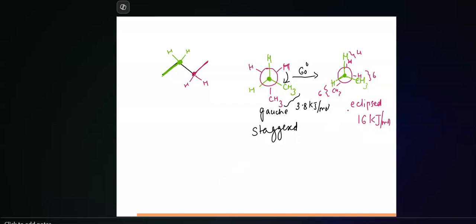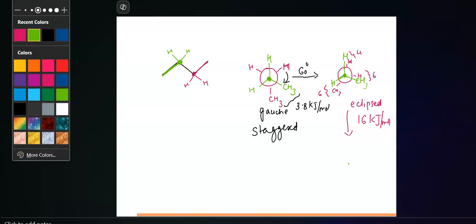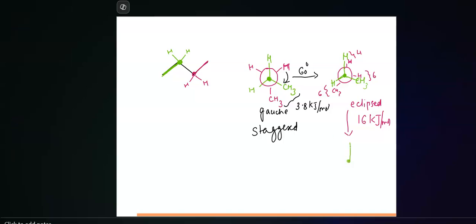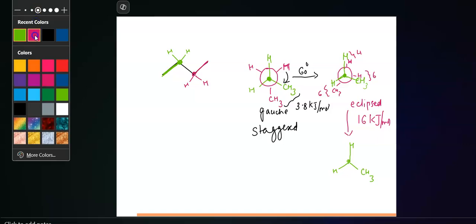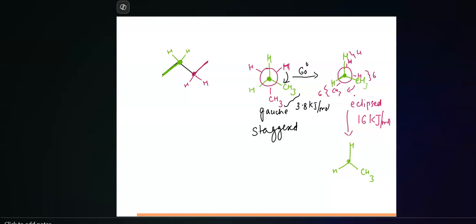Now you take that and do another 60-degree rotation. What will happen? We keep the front carbon atom intact, so the 2 hydrogen atoms and the methyl group remain in the same position. But the pink carbon atom, which is behind, we rotate another 60 degrees.